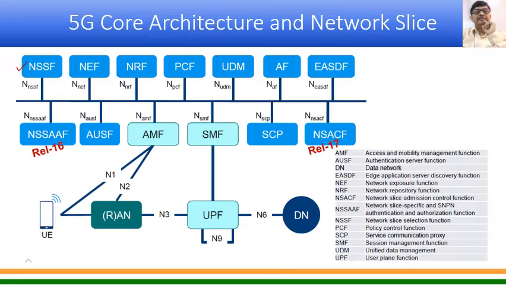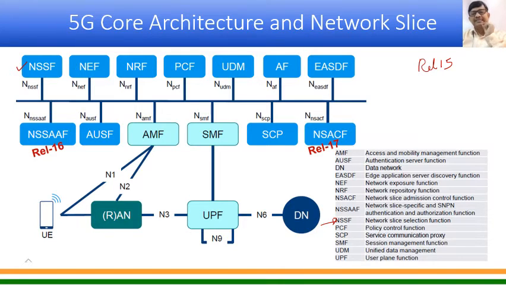The NSSF, the network slice selection function. We'll talk about these later, but let us first understand. This came during release 15 itself. As I said, release 15 was some sort of foundation for network slicing.